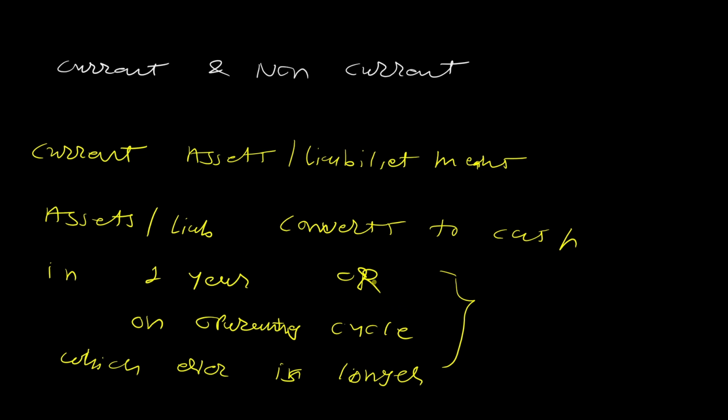Your asset will be shown in the balance sheet as current even if it gets converted in more than 1 year. So it's defined by the operating cycle or less than 1 year.